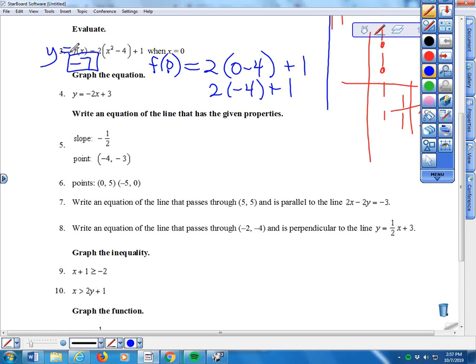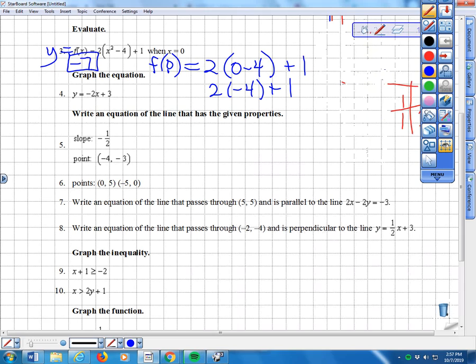For every question, pause before I start explaining, try it yourself, then watch and check your work. If you didn't get it right, go back and figure out what concept you're not understanding and learn it so you're ready for the test. Does that seem like a smart way to do it? Yes, it is. Okay. Graph the equation.